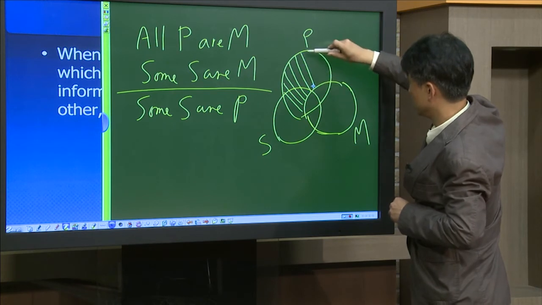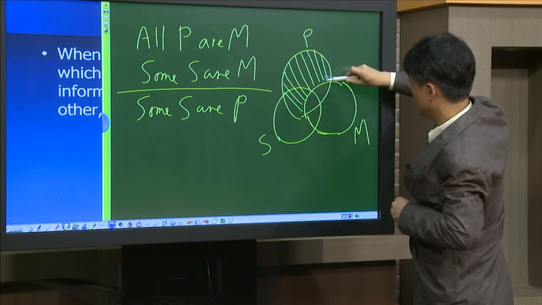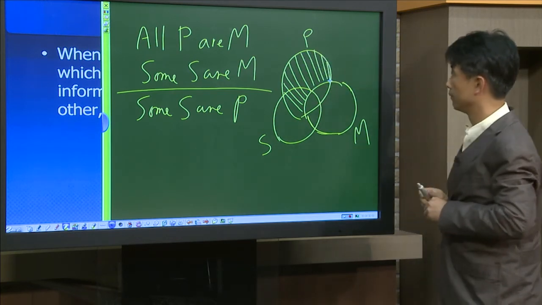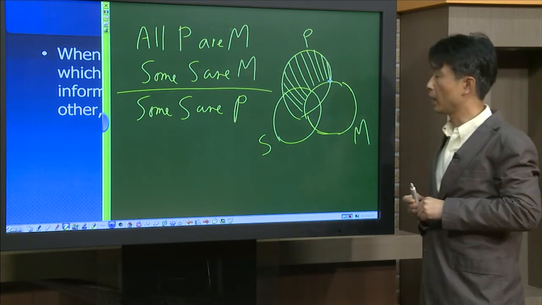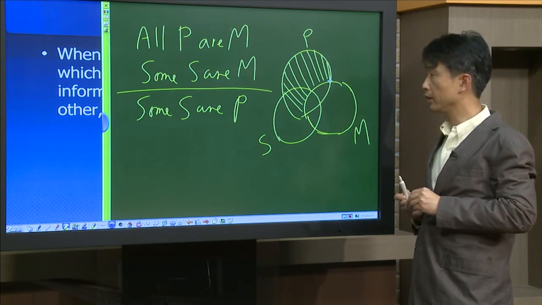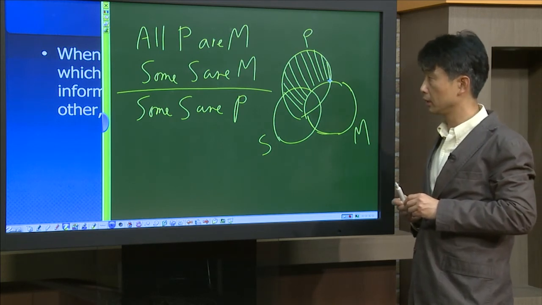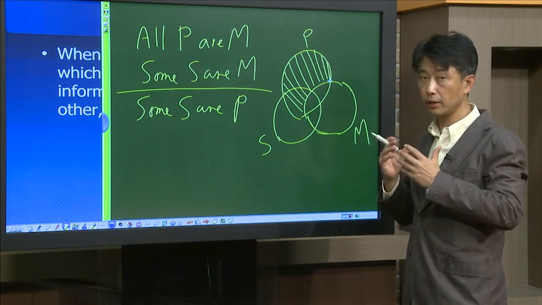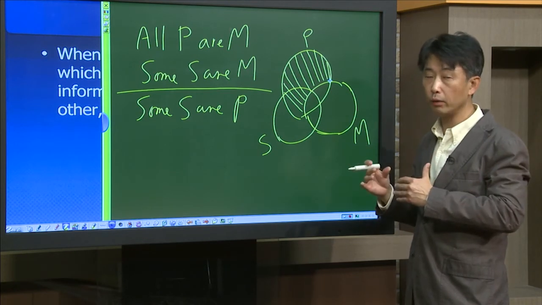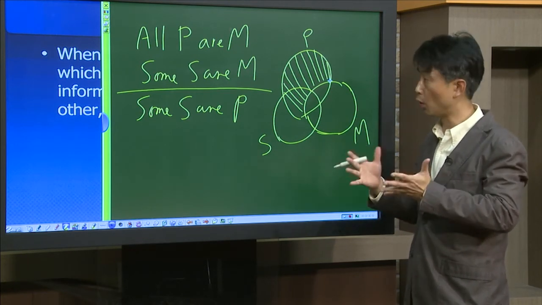All right. All P are M. So there is nothing inside of P and outside of M. Now what that means is everything inside of P is now inside of M. So all P are M.